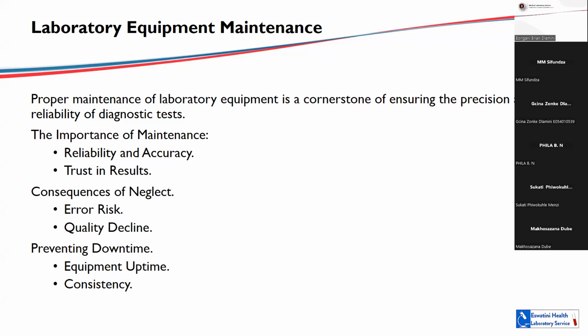To say every day, Monday to Monday, for example, our chemistry analyzer is up and running, not that today it's down and tomorrow it's working. Otherwise we are no longer consistent, and we can even lose the trust of our clients.